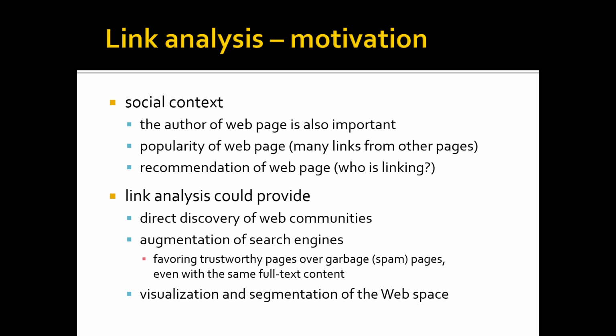And third, we can also use link analysis to provide some visualization support for a user that is involved in analytics, in data science, for example, to better understand and iteratively process graph-based information, for example, a part of the web space in this case.